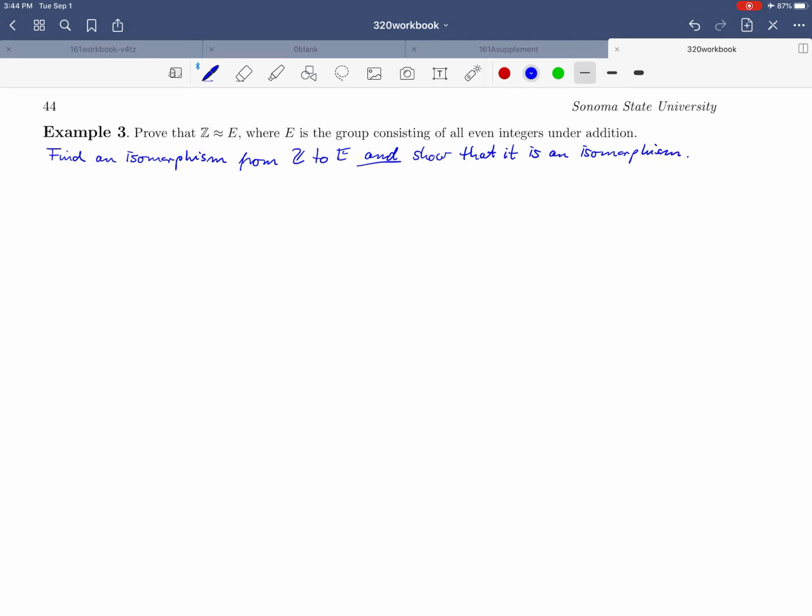And how do you show that something is an isomorphism? If you go back to the definition, there are three things that we need to do. An isomorphism is one-to-one. An isomorphism has to be onto. And it has to preserve the operation.